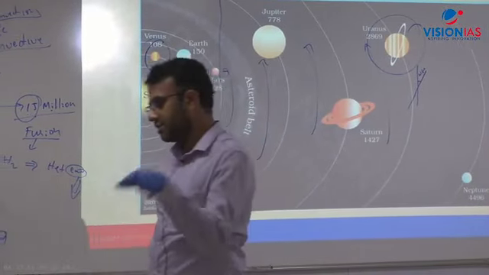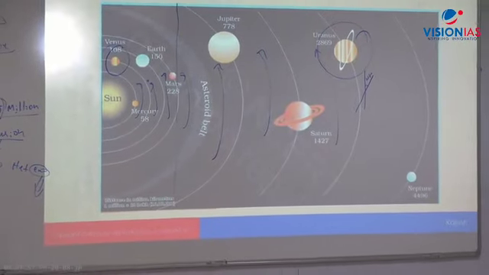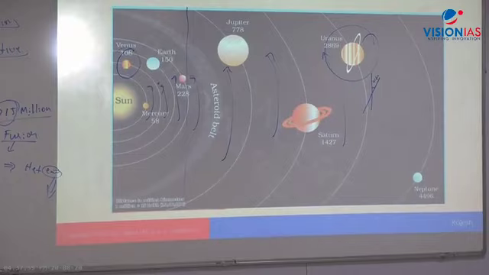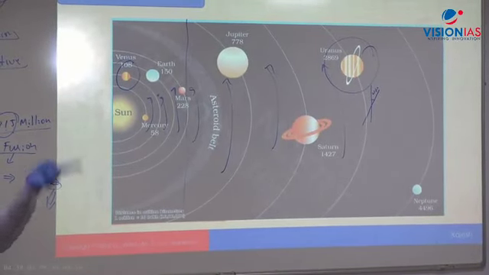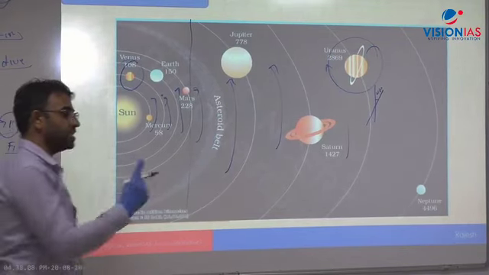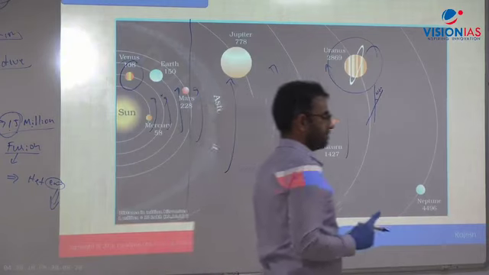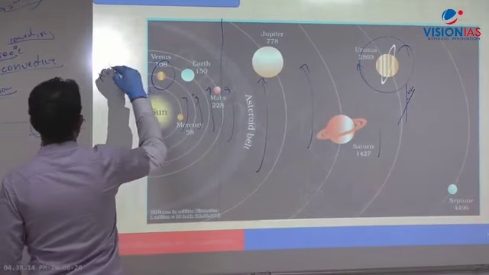Both Venus and Uranus rotates in the direction of east to west. So basically both in Venus as well as Uranus, the sun rises in west and sets in east. Their direction of rotation is in opposite direction, which we call it as retrograde rotation.